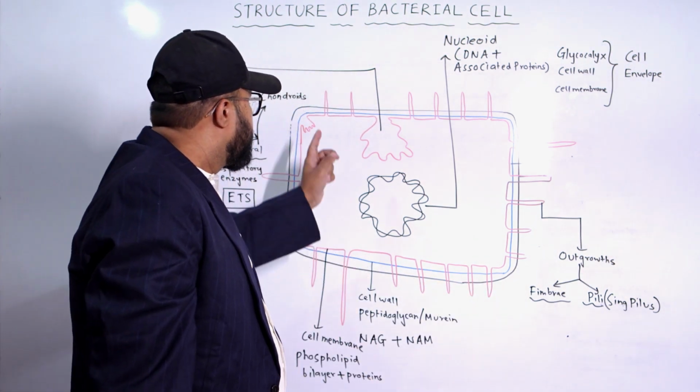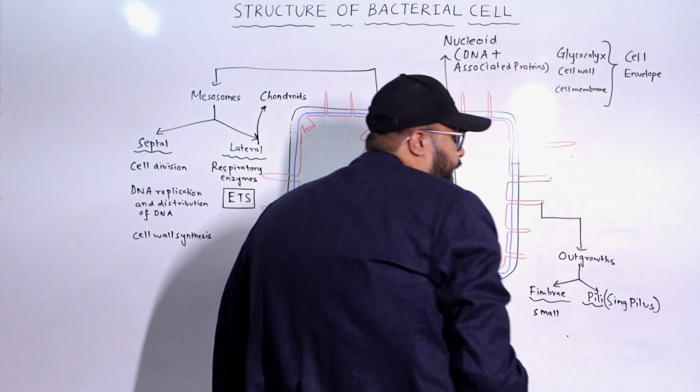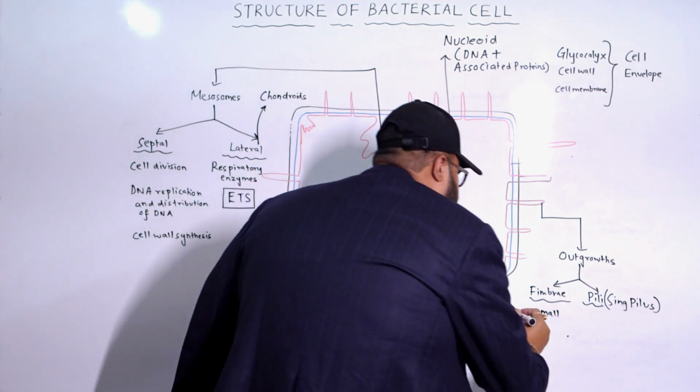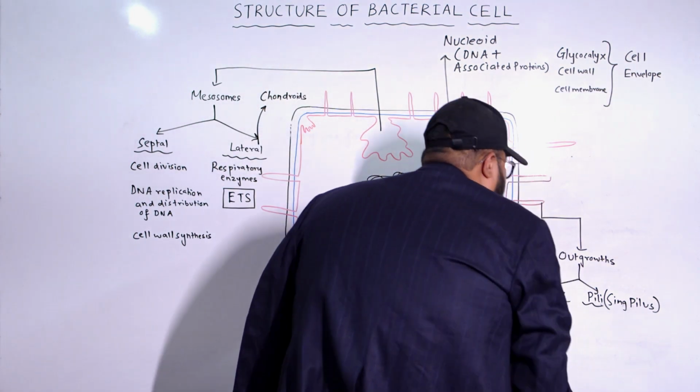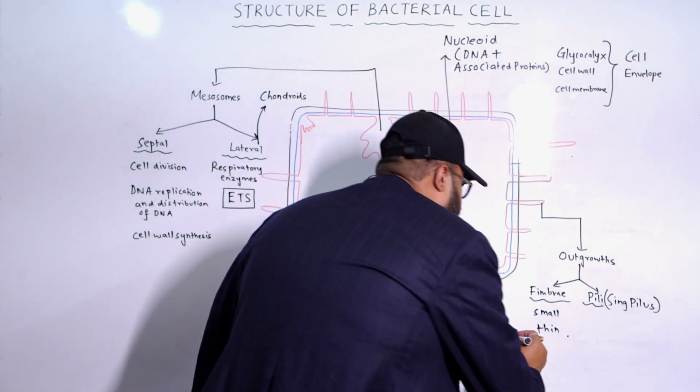Fimbriae are small, they are thin, and their number varies from 300 to 400 per cell.